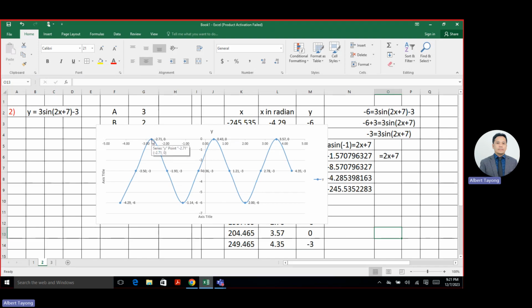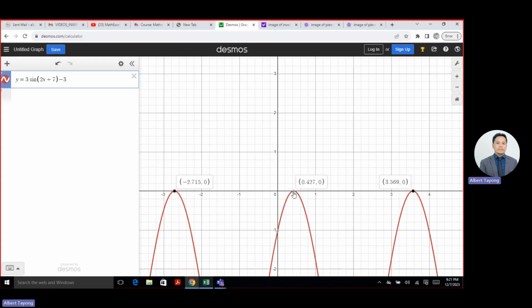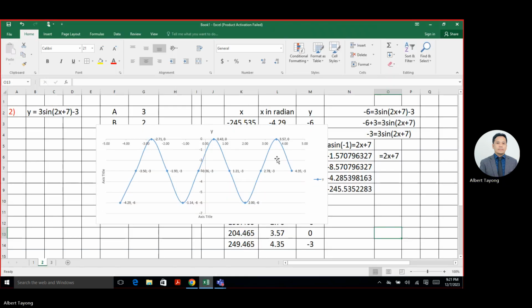We have 0.271, 0.43, and we have 3.57. So 0.427 is 0.43. This is negative 2.7, and here 3.56 or 3.6 or 3.57 to 2 decimal places.